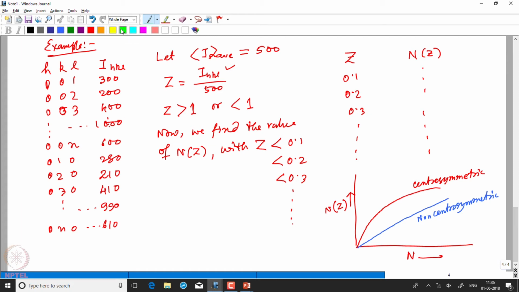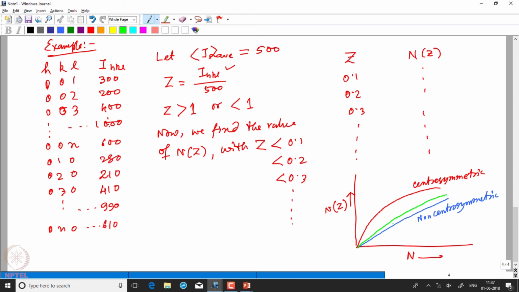The hypercentric structure means that there is no center of symmetry in the lattice, but there is a center of inversion in your molecule or in a pair of molecules which are there in the lattice. So, you have a pseudo center of symmetry in your lattice. So, in that case, this statistics will show a very minor deviation from the non-centrosymmetric plot, but it will not be as deviated as centrosymmetric.